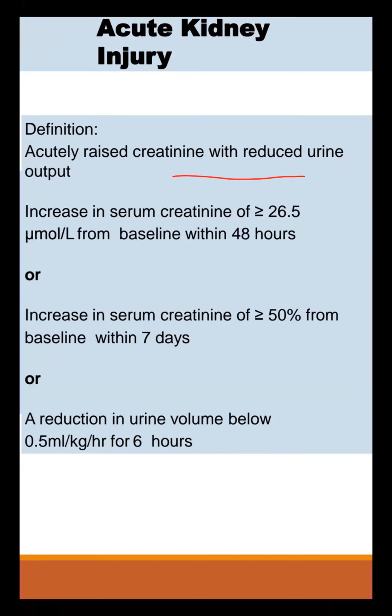So a sudden rise in creatinine causes acute kidney injury. If serum creatinine rises more than 26.5 micromole per liter from baseline within 48 hours, or within 24 hours in cardiogenic or hypovolemic shock, or creatinine rises more than 50%.